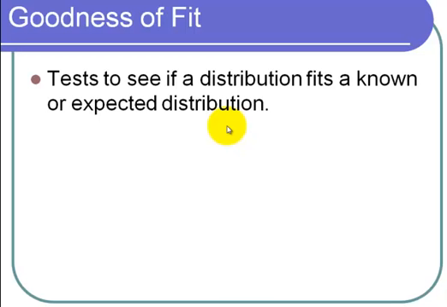Does our local area fit California's? And all we have is a sample for the local area. So notice that for the chi-squared goodness of fit test, there is only one population from which we've taken a sample, and we're comparing that to a known population distribution.